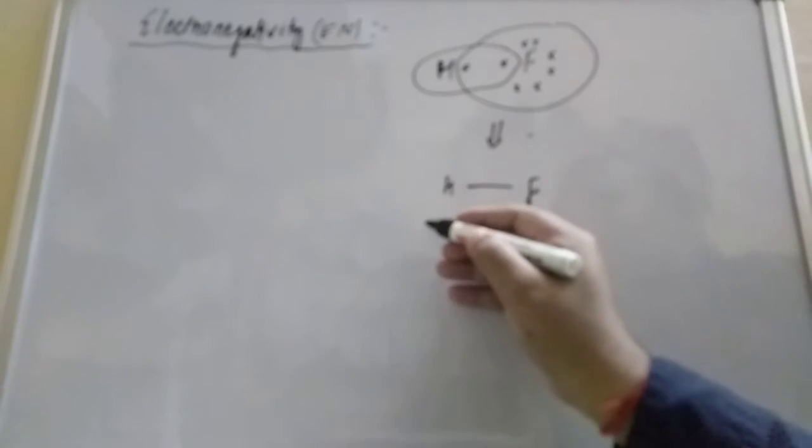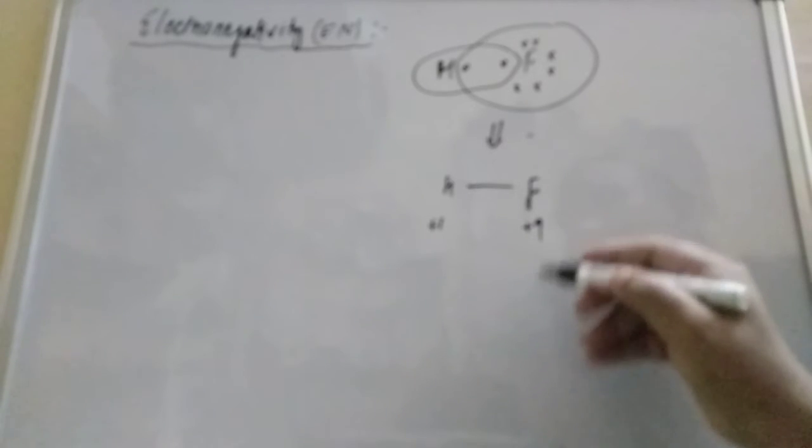Now, student, the second thing when you look at this: fluorine has a high nuclear charge of plus 9 protons, while hydrogen has a nuclear charge of plus 1.